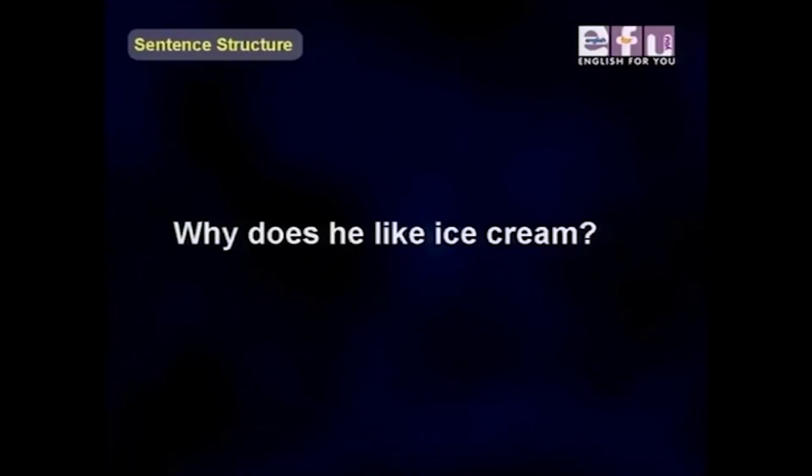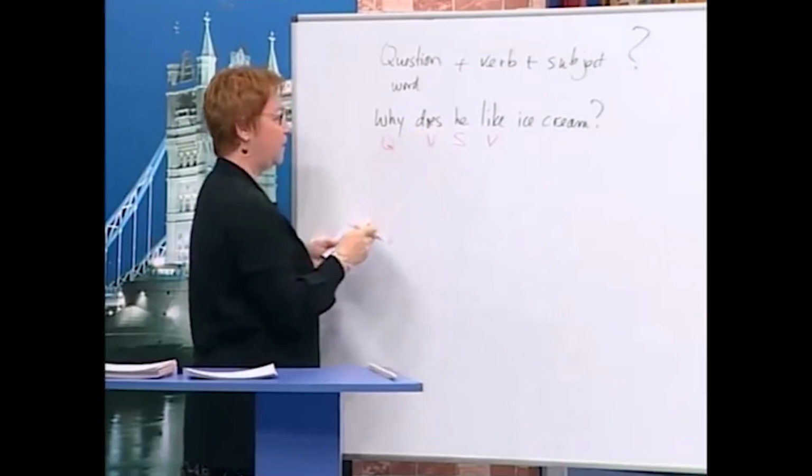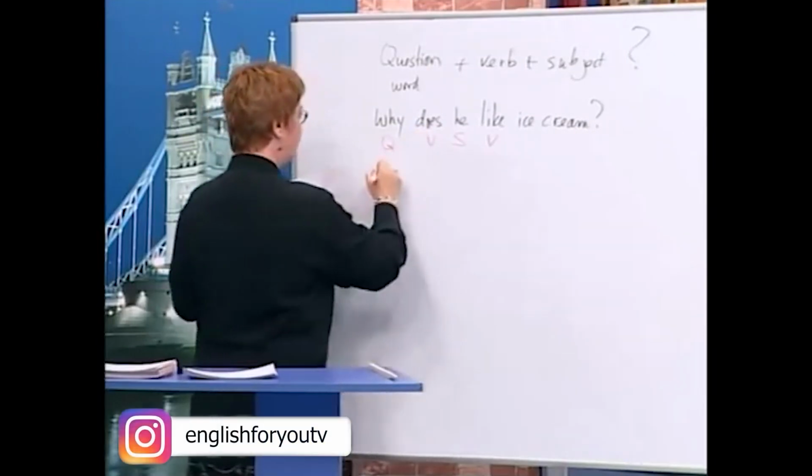Why does he like ice cream? We have the question word, why, the verb, the subject, the other part of the verb, and then the rest of the question. Now remember, this is the helping verb. Okay? Now, another example.